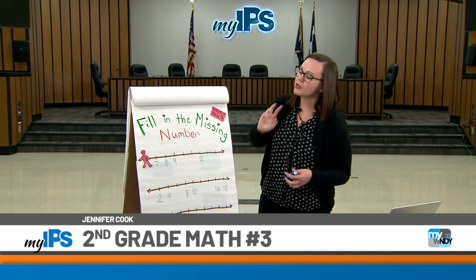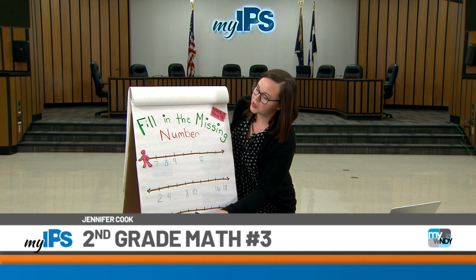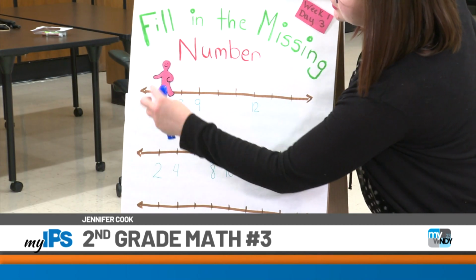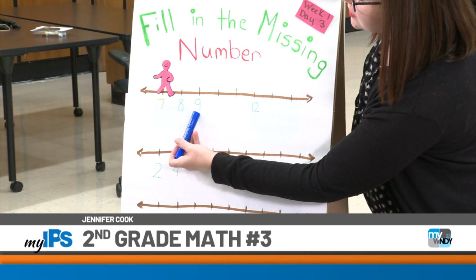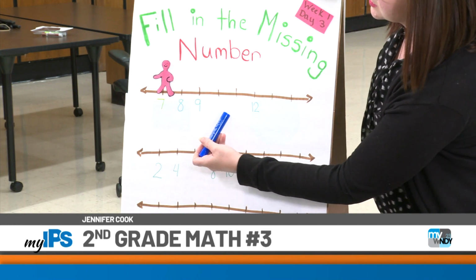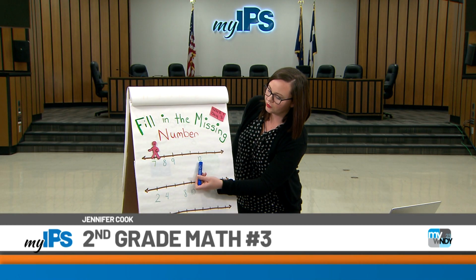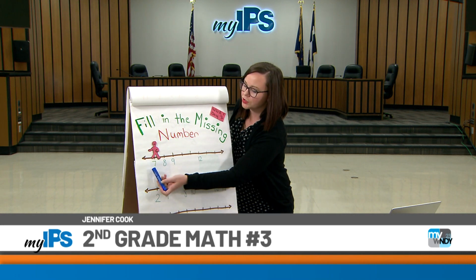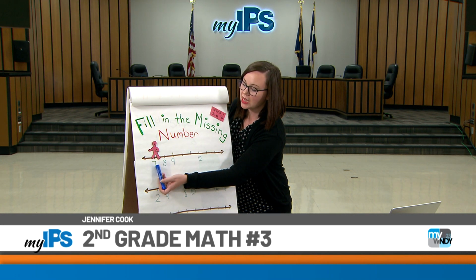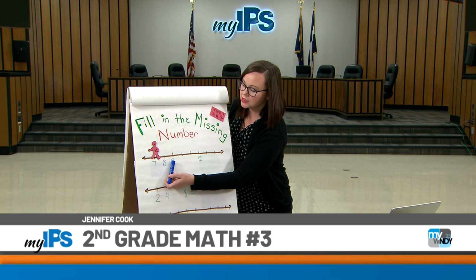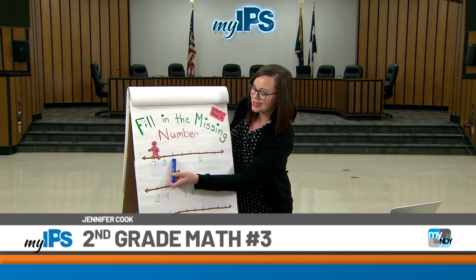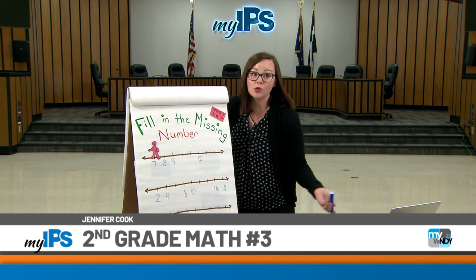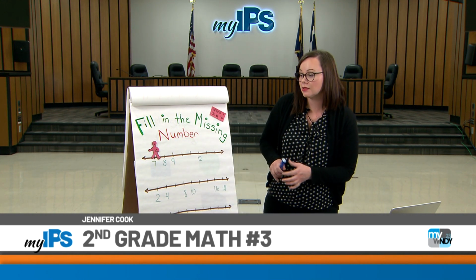This first one, here's my number line, and I have my number line jumper. So we have 7, 8, 9, something's missing, 12. Something's missing, something's missing. Well, the first 3 numbers, I'm only counting up by ones. So I'm guessing if I say 9, 10, 11, 12, yes, I'm only counting up by ones.